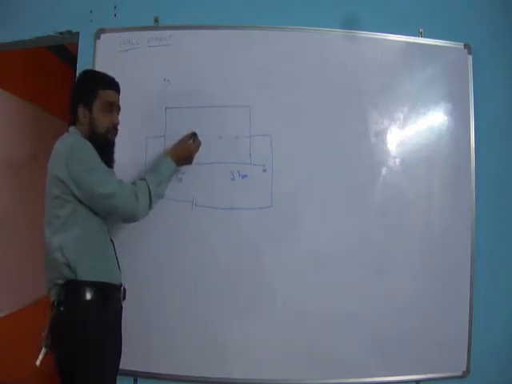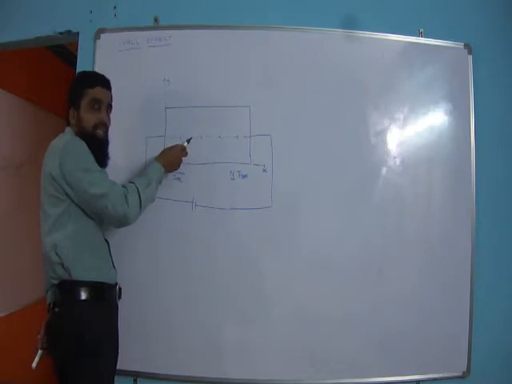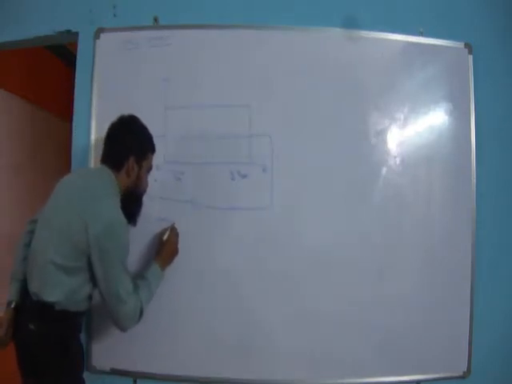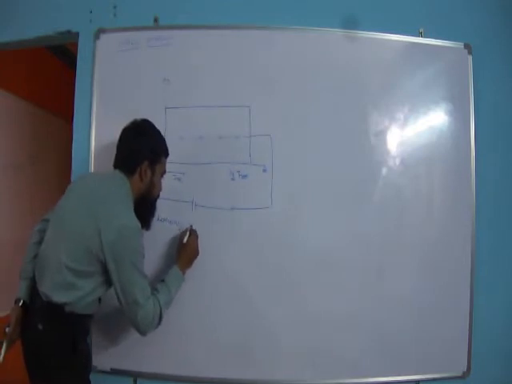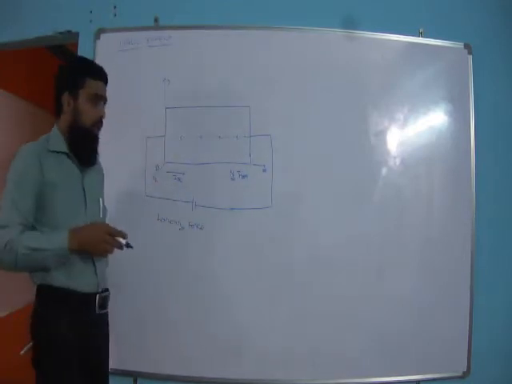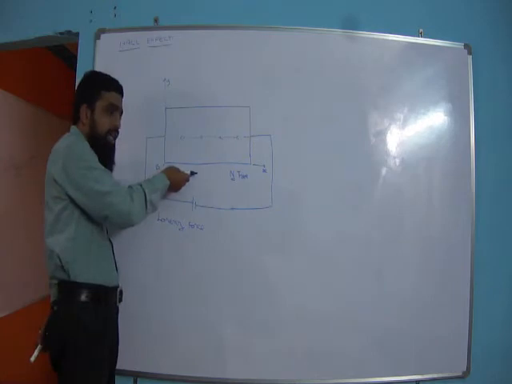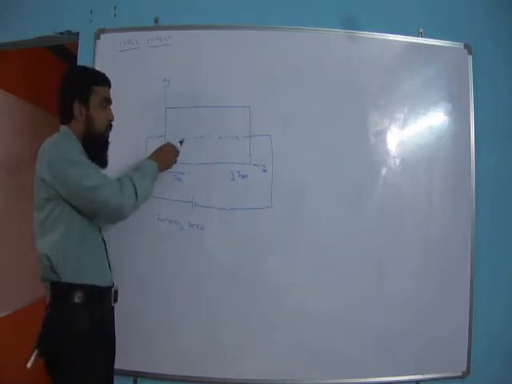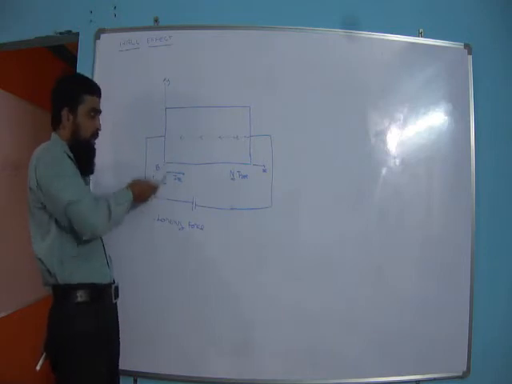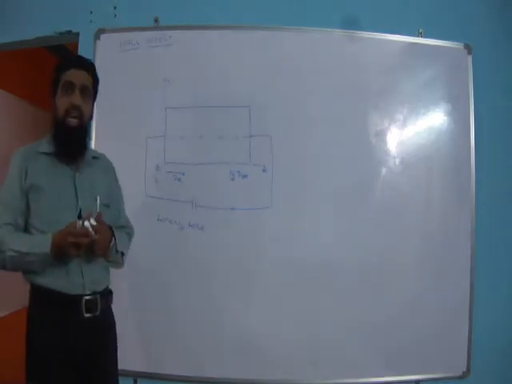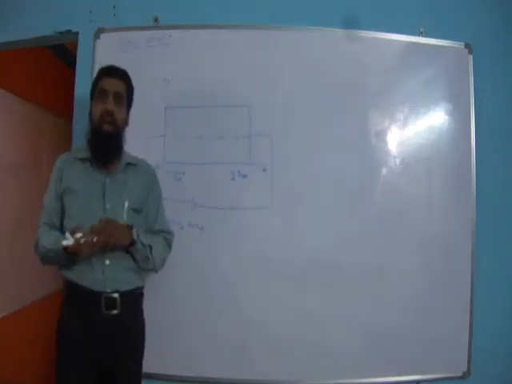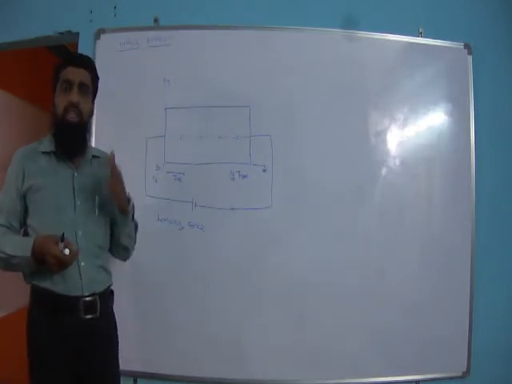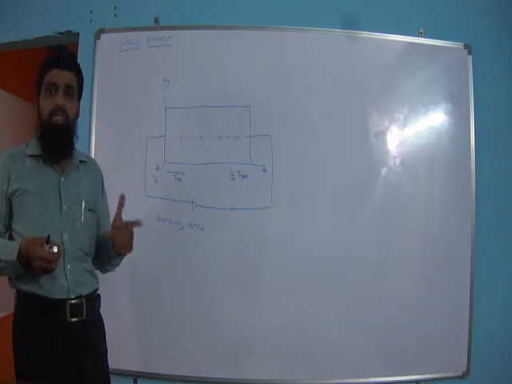a Lorentz force will be acting on these charge carriers. When a current carrier is placed in a magnetic field, a force acts on these charge carriers, and the direction of this force you can find out by Fleming's left hand rule.